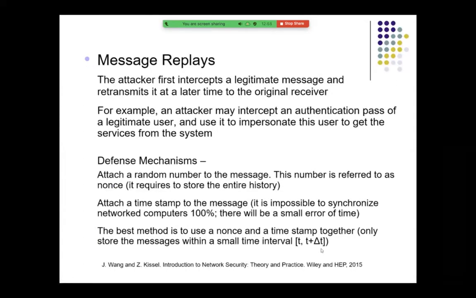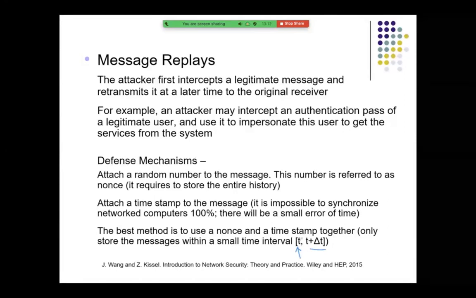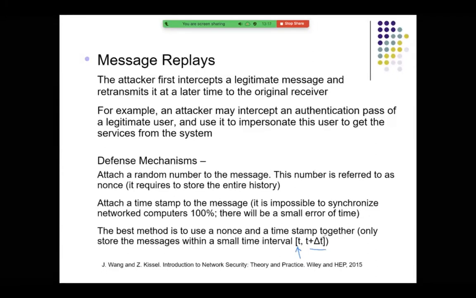So let me highlight this. Okay, so with this delta t, you put a timestamp at time t, but time t on your local machine would be time t plus delta t on a different machine. This delta could be positive, and could be negative.